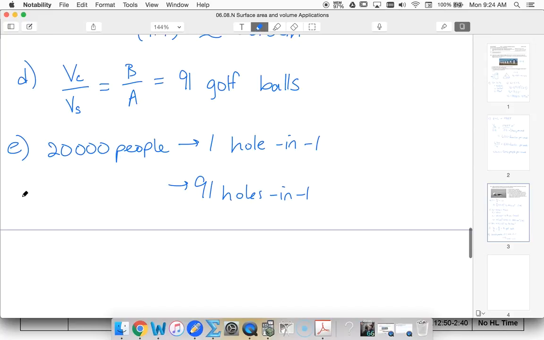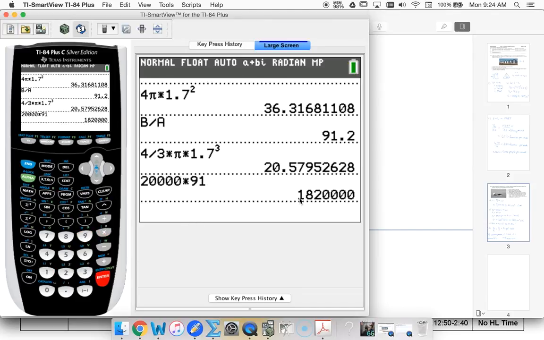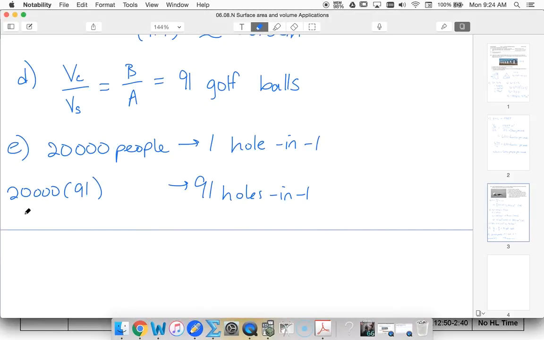So I'm going to need to take my 20,000 and multiply it by 91. So 20,000 times 91. I would need 1,820,000 people to play to fill the hole with holes-in-one.